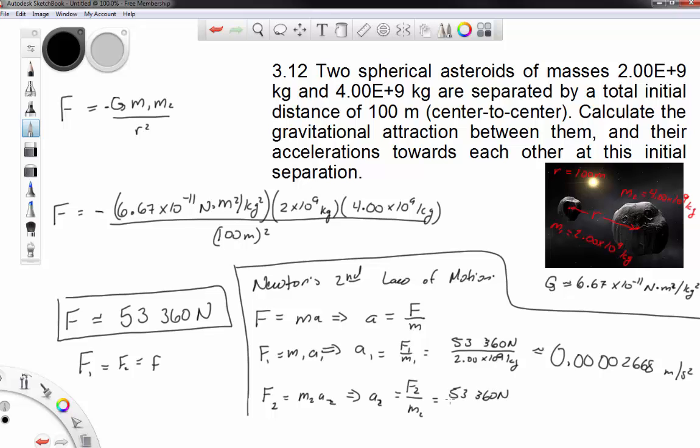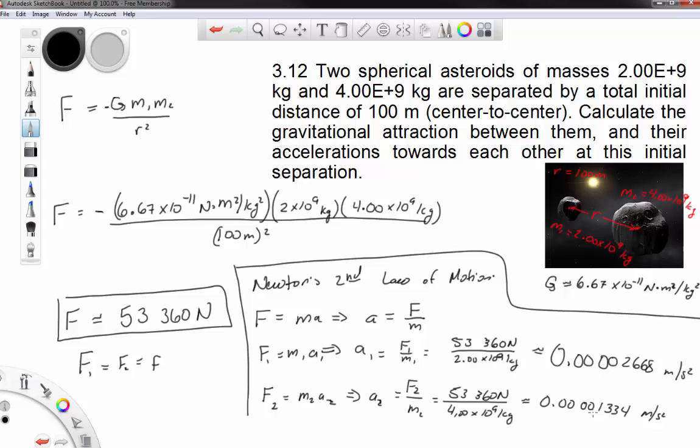That's 53,360 newtons divided by 4.00 times 10 to the 9 kilograms. And if you put all that into your calculator, what you end up getting is 0.00001334 meters per second squared, which is actually half of this one.